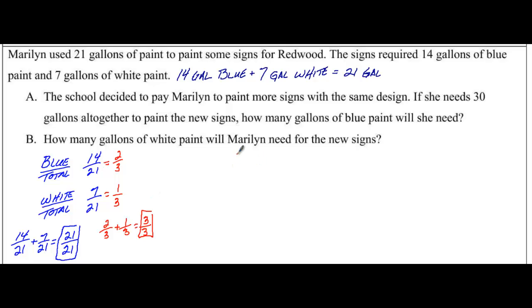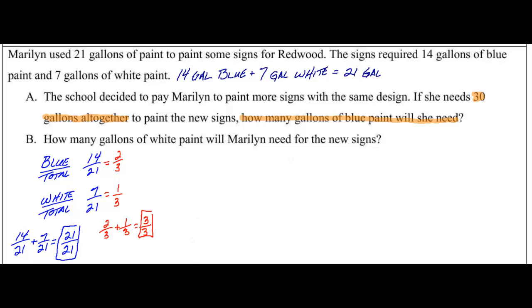So now we're going to figure out how many gallons of blue paint Marilyn will need if her total is 30. That's what this question asks us. If we look at A, it says the school decides to pay Marilyn to paint more signs with the same design. If she needs 30 gallons altogether to paint the new signs, how many gallons of blue paint will she need?